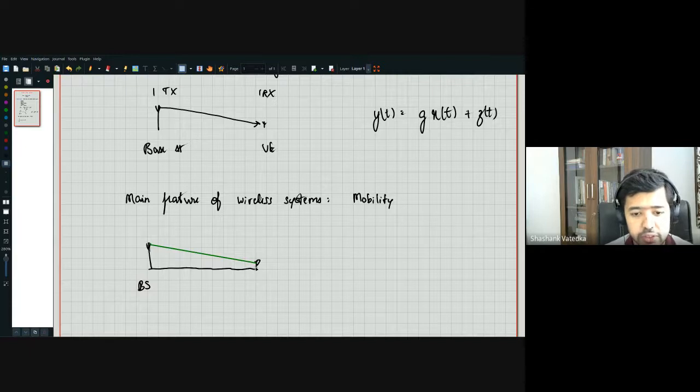Can someone tell me what this is? Suppose that there's no other object around you. You're in an empty field, and let us model these wireless signals using rays, right? So there is one direct component, one ray coming from the transmit antenna to the receive antenna. But there is actually one more component. Can you think of what that could be?